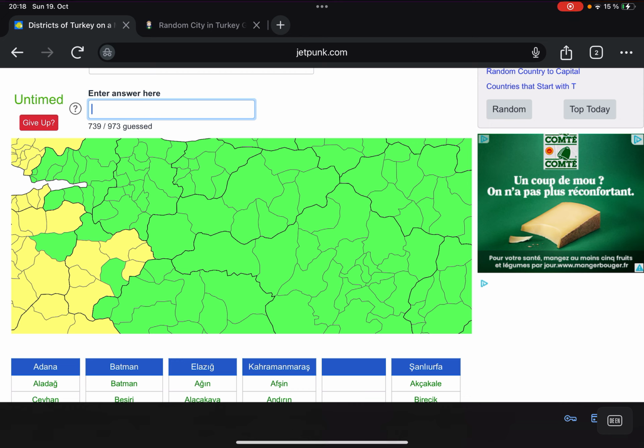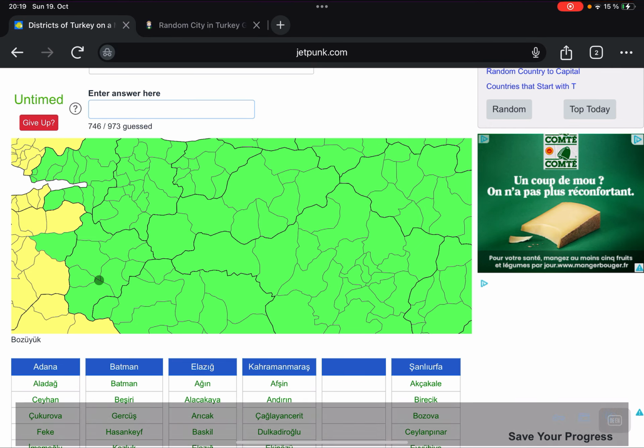Otherwise we have Gölpazarı, Yeni Pazar, İnhisar, Bozüyük. Then, of course, the province capital itself, Bilecik, and Pazar Yeri, which I think means marketplace, if I'm not mistaken.